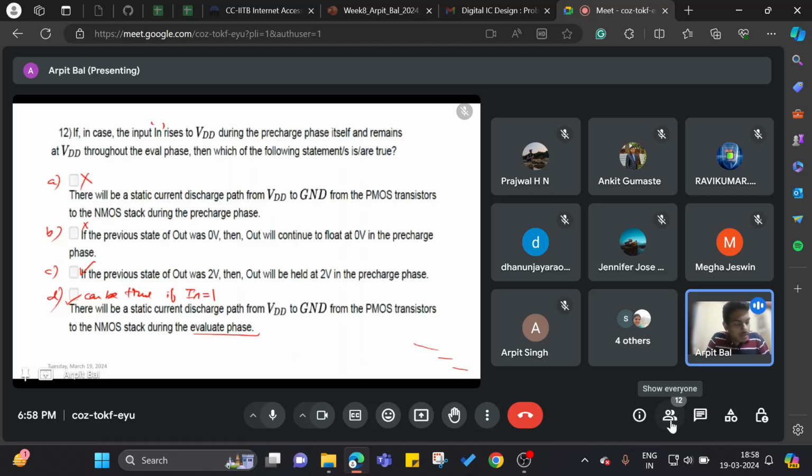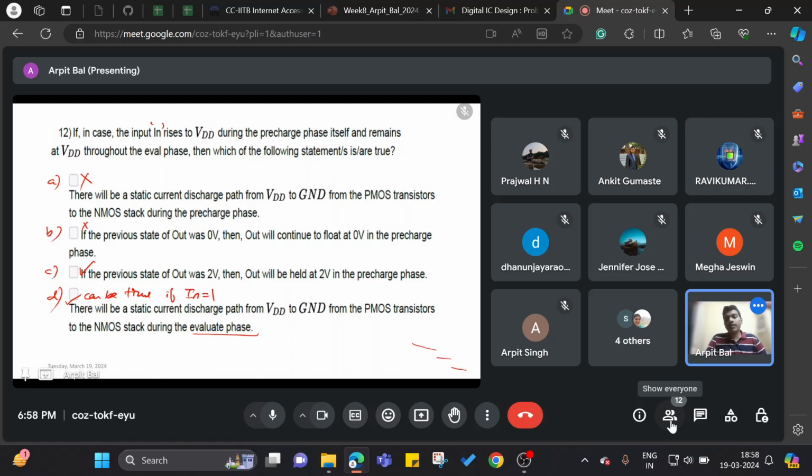The last question was related to the pre-charge phase and the evaluation phase. There will be no static current discharge from VDD to GND during the pre-charge phase because the NMOS transistor is in cutoff.